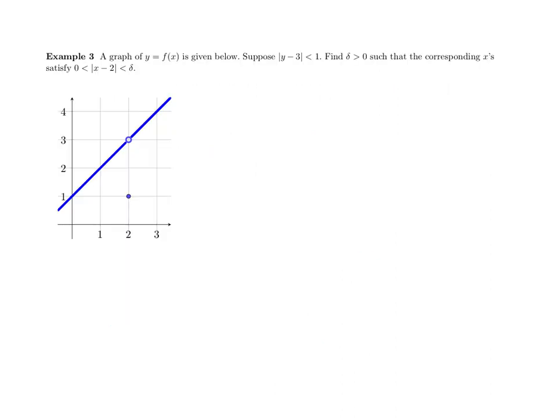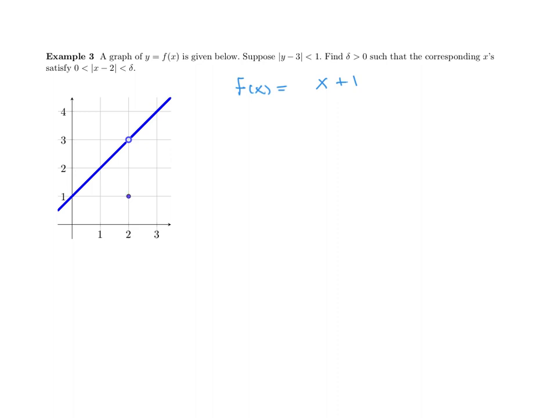Okay, so now on to the precise definition of a limit. In example 3, I have a graph of f of x. Now, this function f is a piecewise function. Sometimes it's linear, x plus 1, y-intercept of 1 and slope 1, except for at 2, where I removed the point and put it down here at 1.